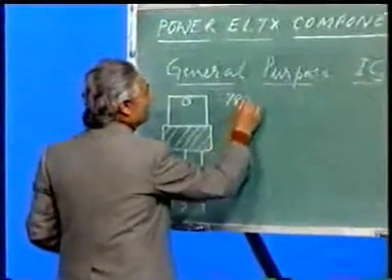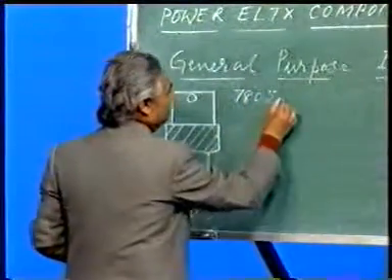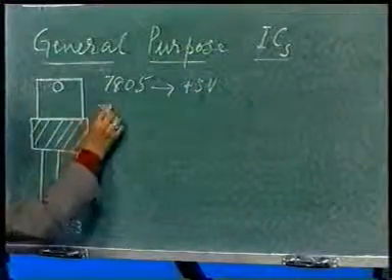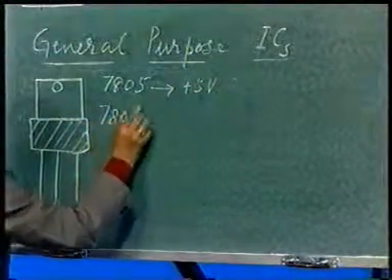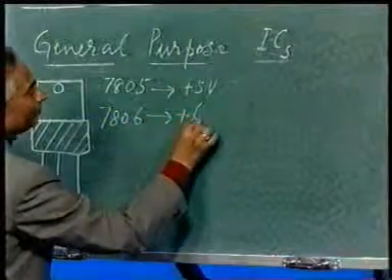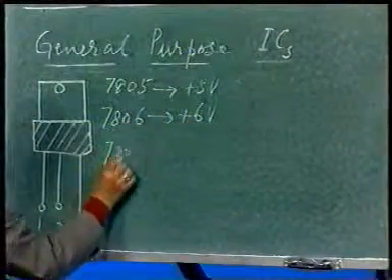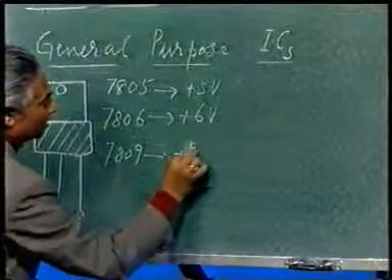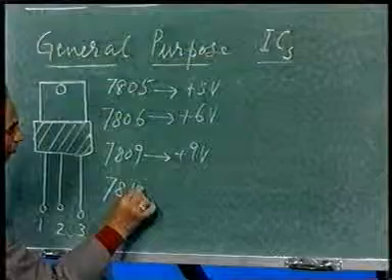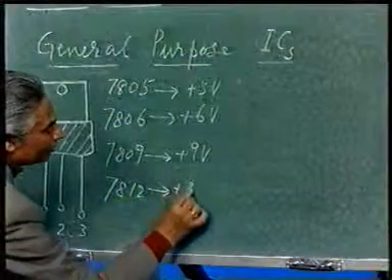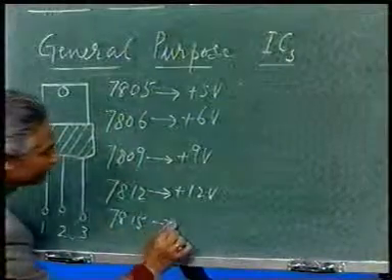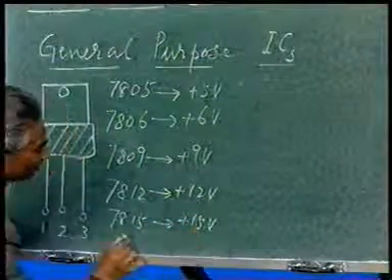So if you have 7805, it means it is plus 5 volt regulated supply. 7806 is plus 6 volt. 7809 is plus 9 volt. 7812 is plus 12 volt. 7815 is plus 15 volts and so on.